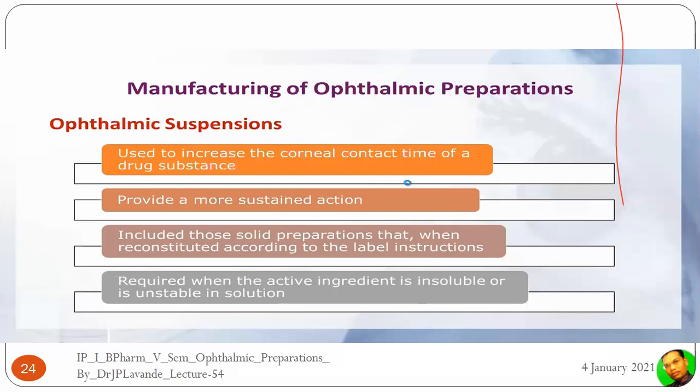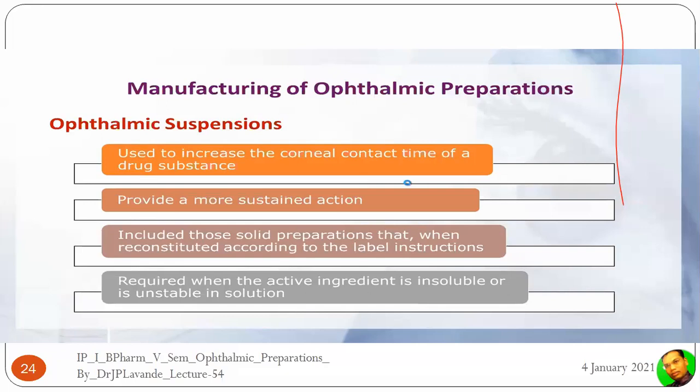In order to increase the duration of action, in order to increase the contact time, so that the drug can be released locally for a longer period of time, there is a need to develop this suspension kind of formulation. The suspension will provide more sustained action, that is, action for a longer period of time, as it slowly releases the drug.